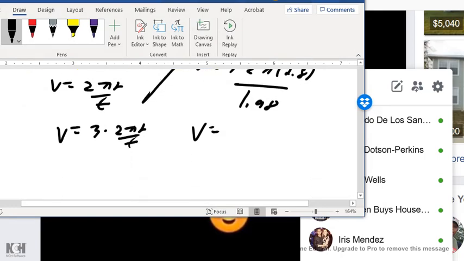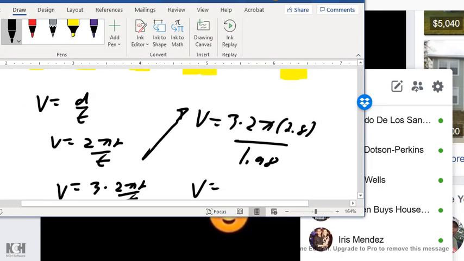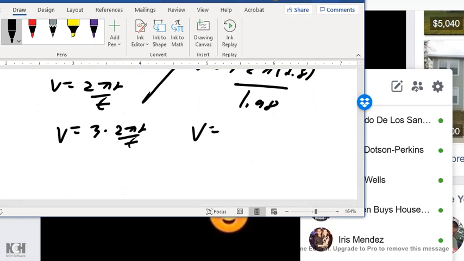The radius was 2.8. Let's try that one more time. I want to check that math. Oops, I killed the calculator, so let me bring it back.